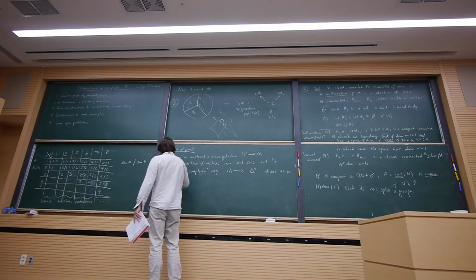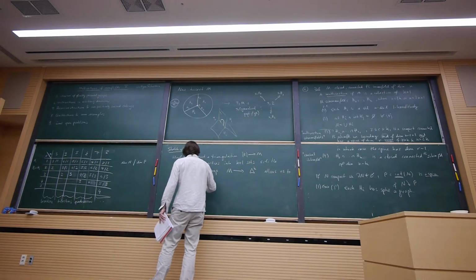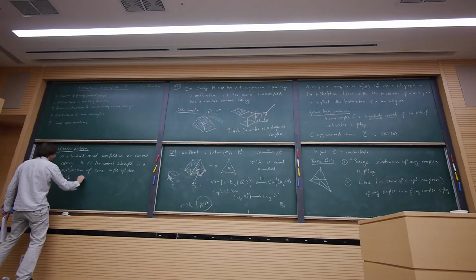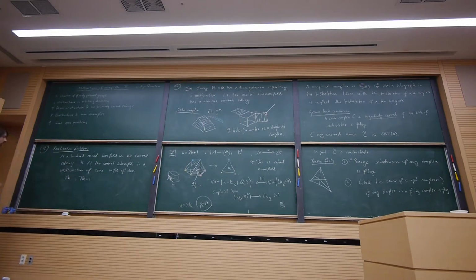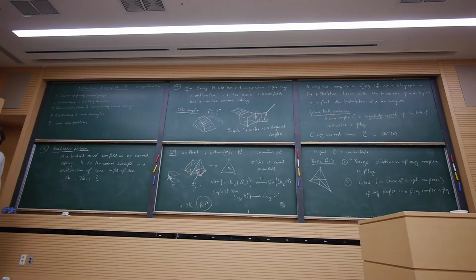Pull back the standard one, where the dimension is either 2k if it's even, or 2k minus 1 if it's odd dimensional. Yeah? So this is what we ask here.